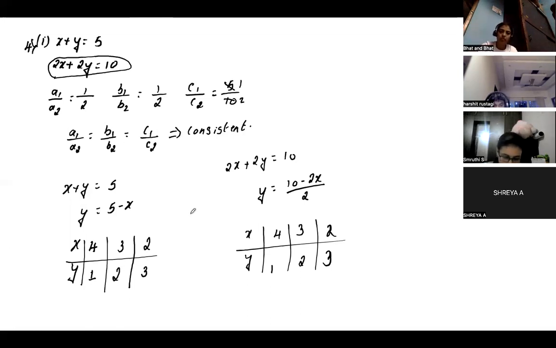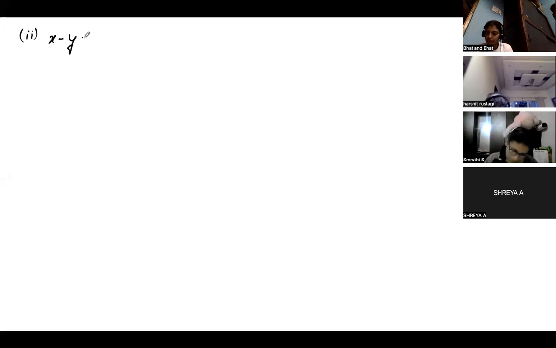Sure. Okay, so we'll go to the next question. So what is the next question? The equations are x minus y is equal to 8 and 3x minus 3y is equal to 16.